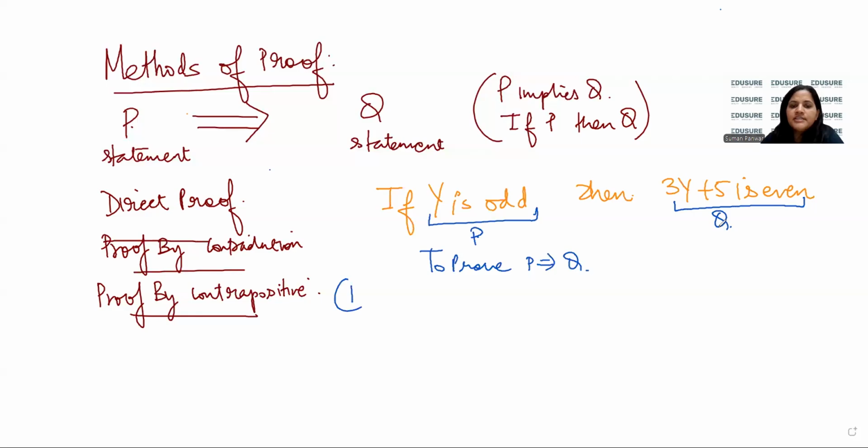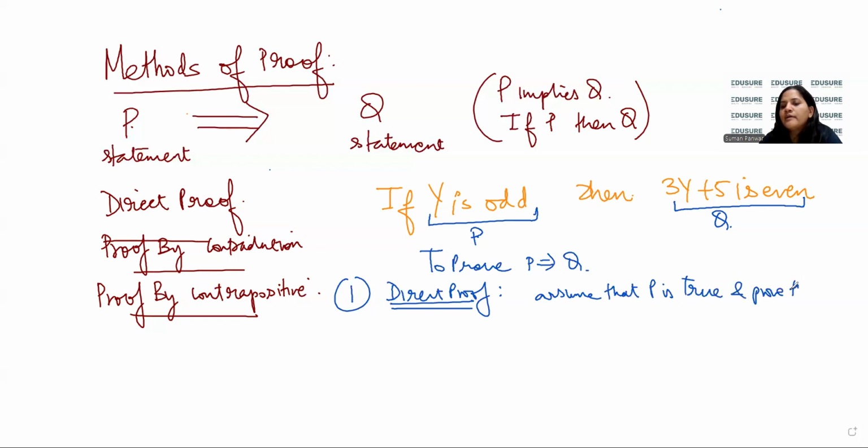The first is direct proof. So what do we do in direct proof? We assume that P is true and prove that Q is true. Okay. So let us see how this works using this example.